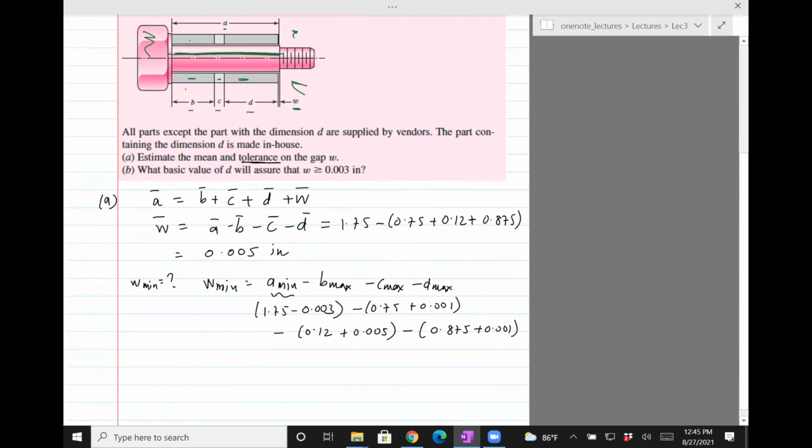So if you do this, you get the minimum, and that comes out to be minus 0.005, which is saying that if the parts are the extreme limits, the way I've computed, then there will be an interference. So there won't be a positive gap, but a negative gap.